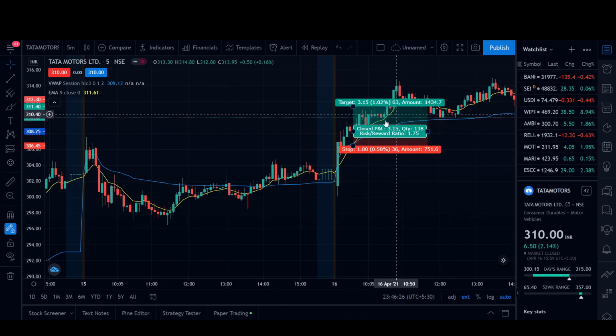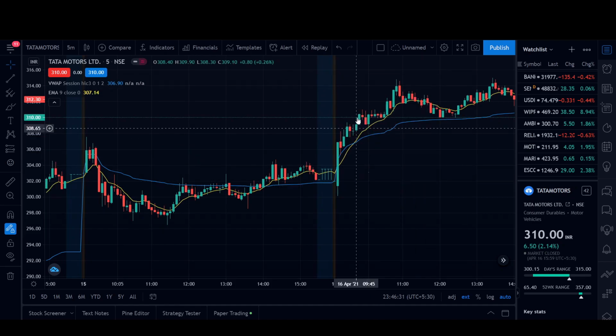So let's say we bought the stock here and we see that we can achieve a bigger target. So we change our target to 1.50. When we change the target to 1.50, our stop loss, which was at this point, will shift to this region, from 305 to this region. This is called a trailing stop loss.